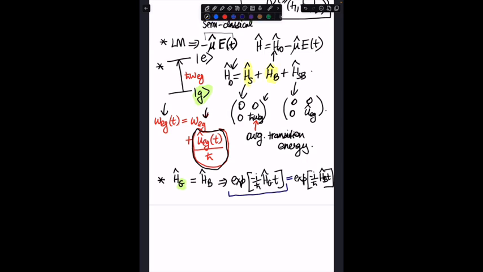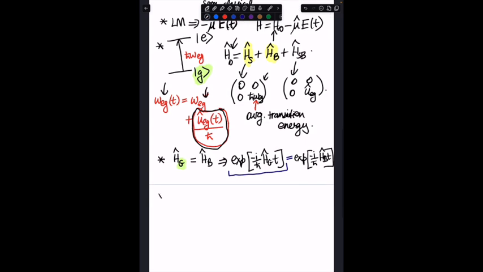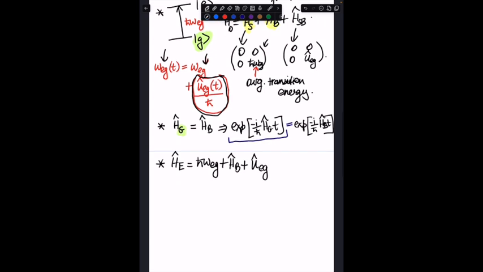So that's good. Now, let us consider the Hamiltonian of your excited state, and that is given by h bar omega eg plus the bath, and you have the fluctuation in transition energy of the excited state, which is given by U hat eg.